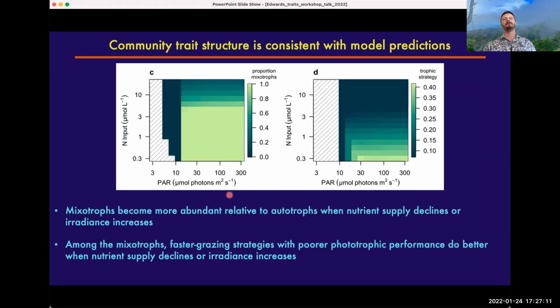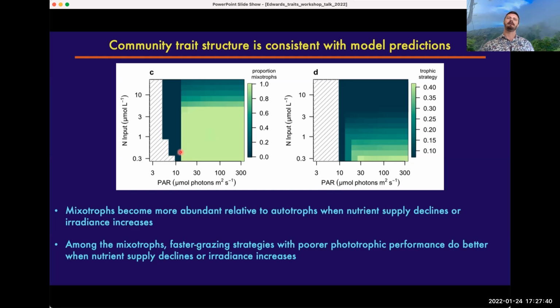And so then we have a model where we're just varying irradiance and the input concentration of nitrogen, and looking at how the trophic strategy evolves. So it's basically an adaptive dynamics type of model. And what we're finding, consistent with the data, is that as nutrient supply declines, you get a higher proportion of mixotrophs in the community.